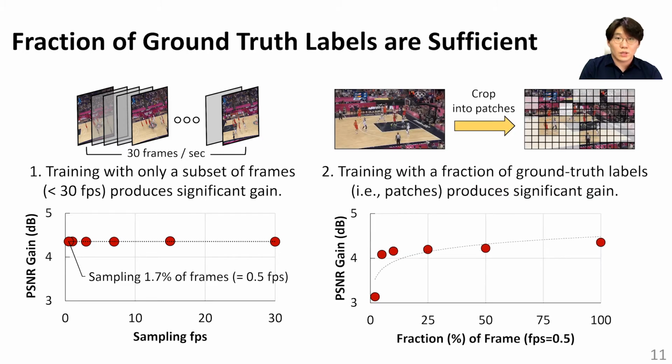Second, in addition to sampling of frames, training with a fraction of ground truth labels, namely the patches, still provides a significant training gain. Combining these two factors, we can transmit ground truth labels to the media server using a fairly small amount of bandwidth. For example, sending 5% of frames every 2 seconds with JPEG compression requires only 124 kilobits per second.